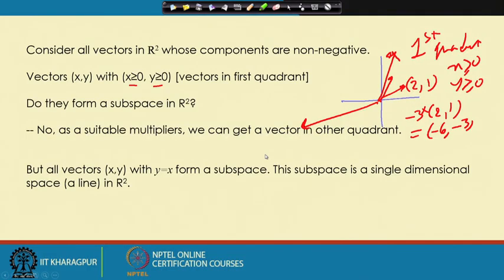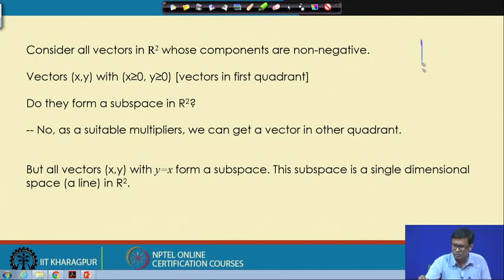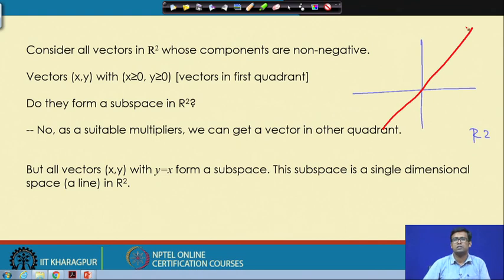But all vectors x y with y equal to x form a subspace, and again why is it so? If I think of the R2 plane, this is the line I told earlier, that a line passing through the origin is a subspace.